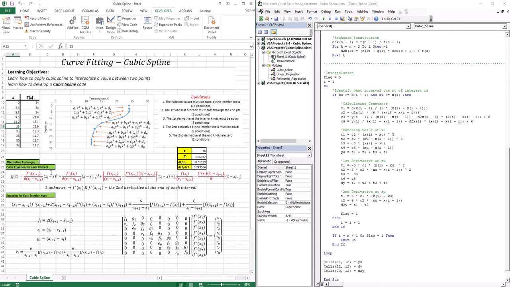So the code first calculates C1, C2, C3, and C4. C stands for coefficient. So first I'm going to calculate this one in red. So this is what this code is doing. It calculates this one in red, then it calculates this one, then it calculates this one, and this is C4. So this is C1, C2, C3, and C4. Given that I calculated this, now I multiply it by this one. So T1 is multiplying it by this, but I want you to notice something.